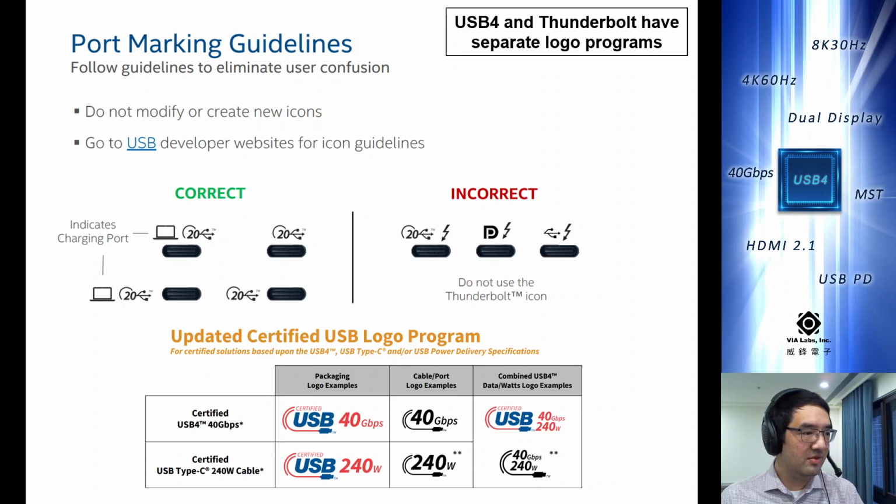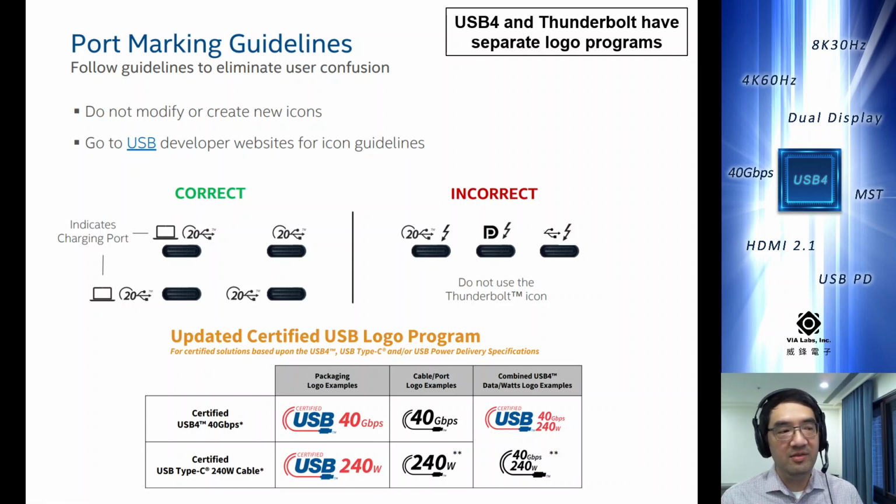So these are just some of the port and logo guidelines. So USB 4 and Thunderbolt, of course, they have separate logo and compliance programs, and we're not going to talk too much about that here today. USB 4 has this new logo, and they're emphasizing basically the performance.